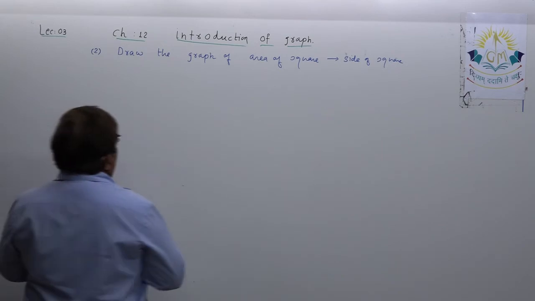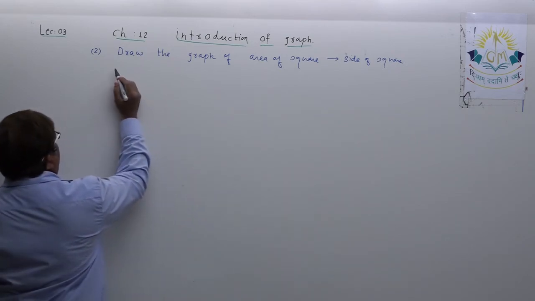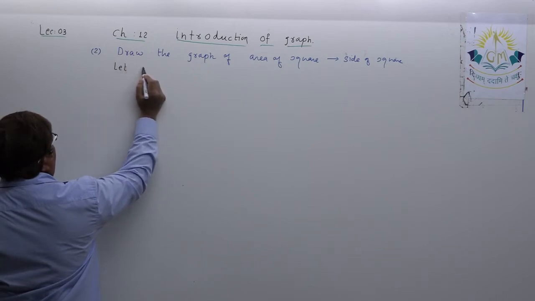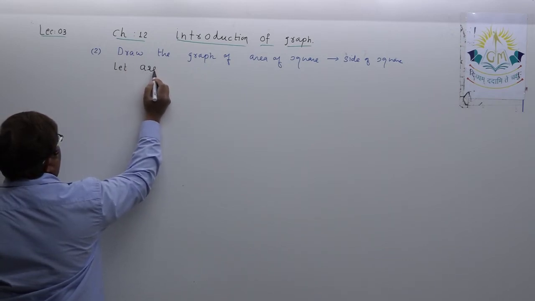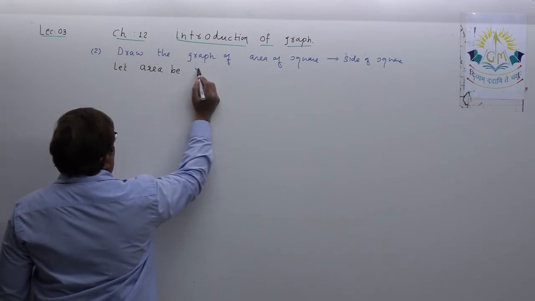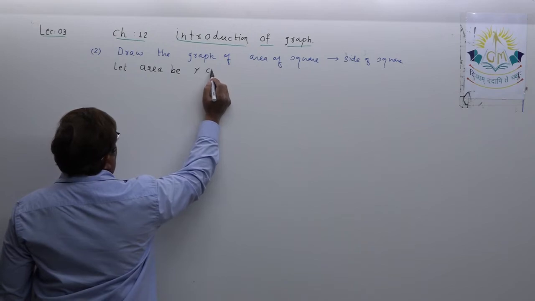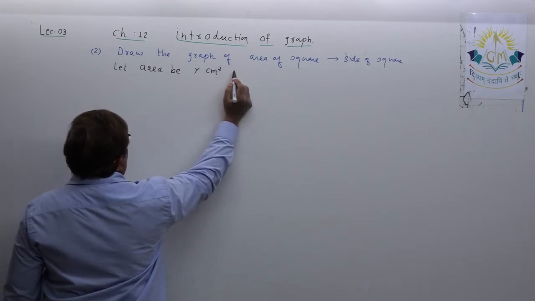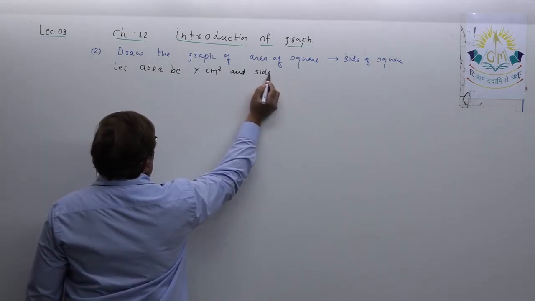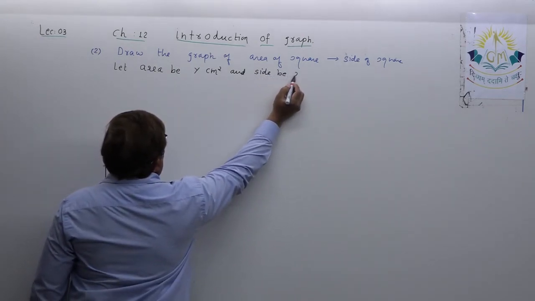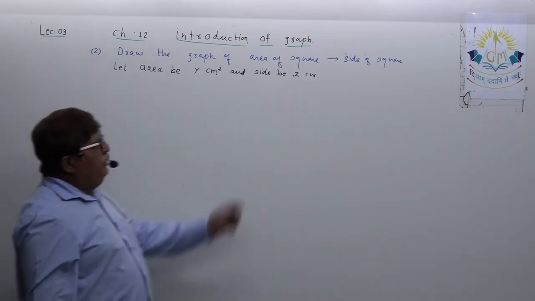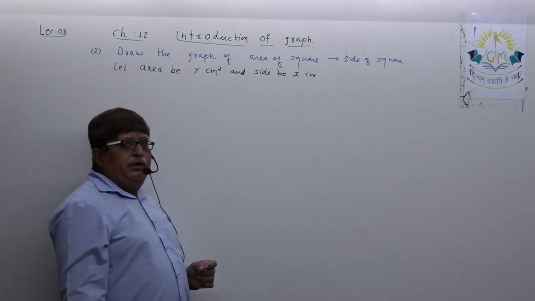First, I will write: let area be y square centimeter and side be x centimeter. Now, dear student, you are connecting both variables.